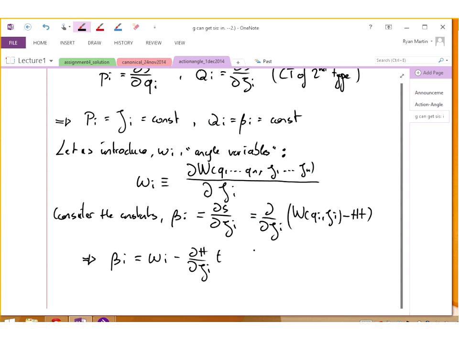So if I rewrite this equation, I can say that Wi is equal to beta I plus nu I times t, where I've introduced nu I to be di H by di capital Ji.